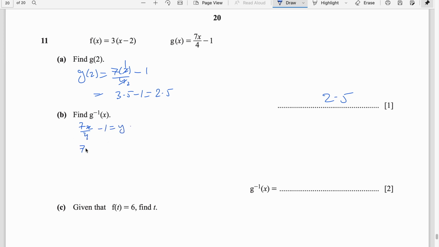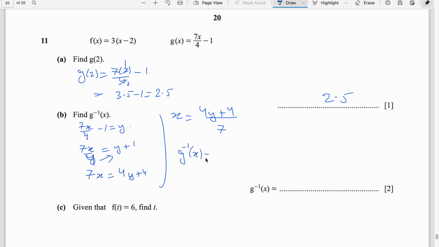Make x the subject. 7x by 4 is equal to y plus 1. 7x is equal to 4y plus 4. X is equal to 4y plus 4 over 7. So G inverse x is equal to 4x plus 4 by 7.